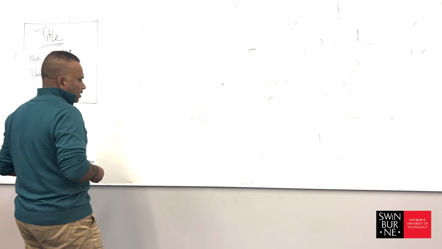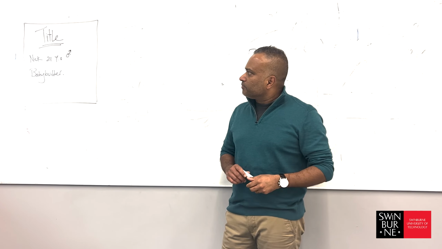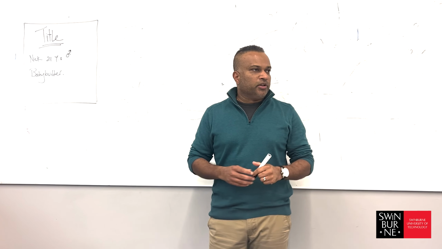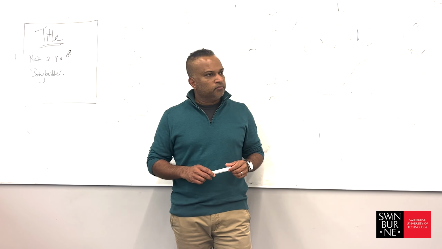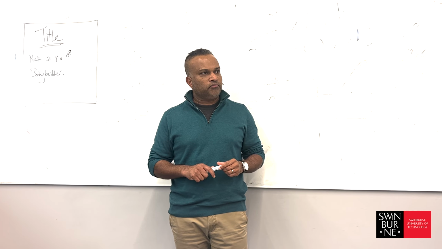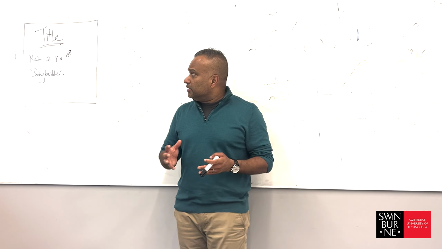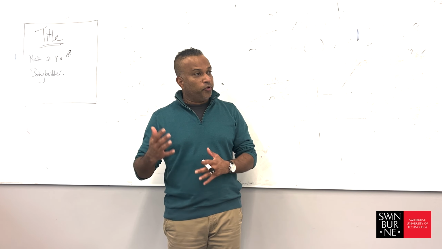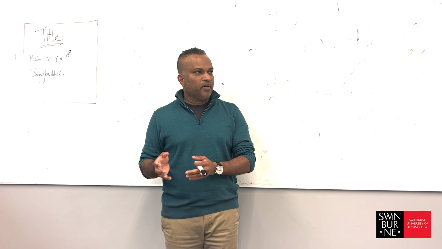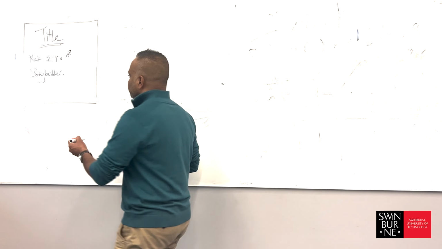Bodybuilder. What else can we put in that title slide that would then help us build this story up? Probably the annual plan or something like that. What you could say is, Nick, 21-year-old bodybuilder who wants to improve on something. What was that thing that he wanted to improve on? Bench press.